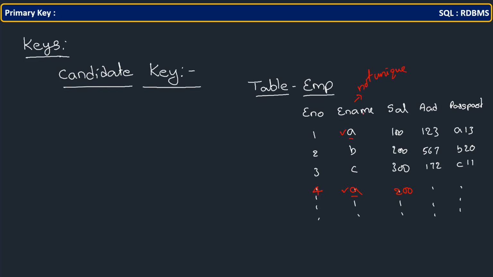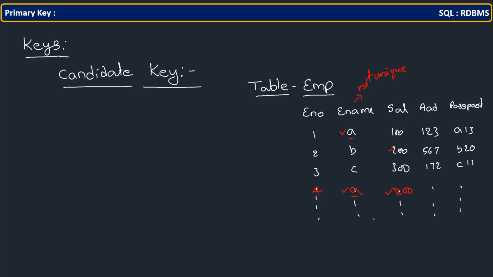Not unique. That means data duplication is possible under this particular column, because definitely there will be employees with the same name. Or duplicate salaries in a company, where more than one person may have the same salary, so that number is repeated.